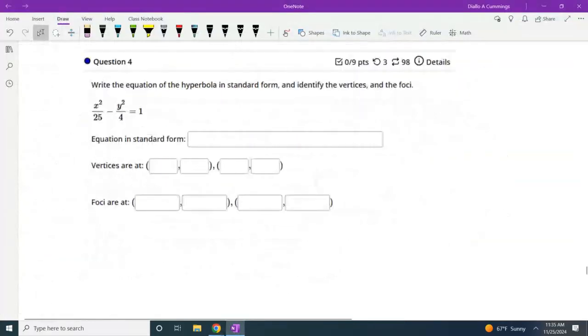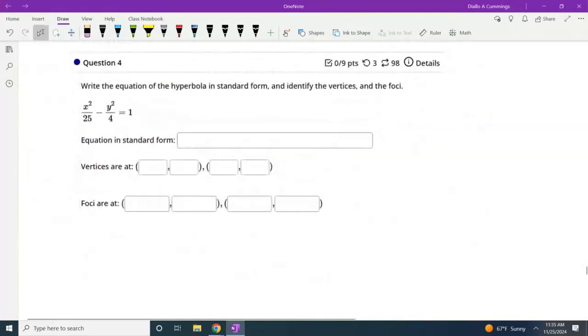Okay, so for problem number 4, it says write the equation of the hyperbola in standard form. Identify the vertices and the foci. Right. X squared over 25 minus y squared over 4 is equal to 1. We're asked to write this in standard form.